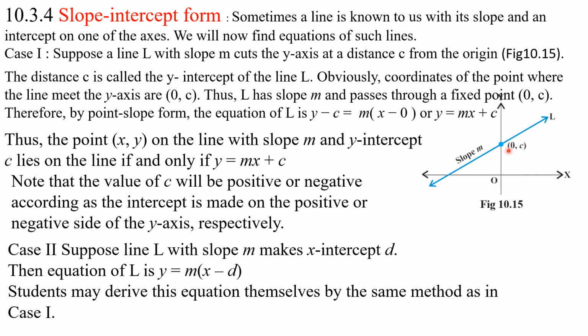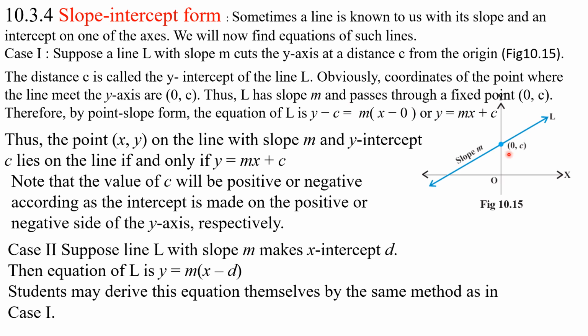From that data, we find the coordinates of the point of intersection of the line and the y-axis. Understood this point? Thus, L has a slope m and passes through a fixed point (0, c). This is line L.